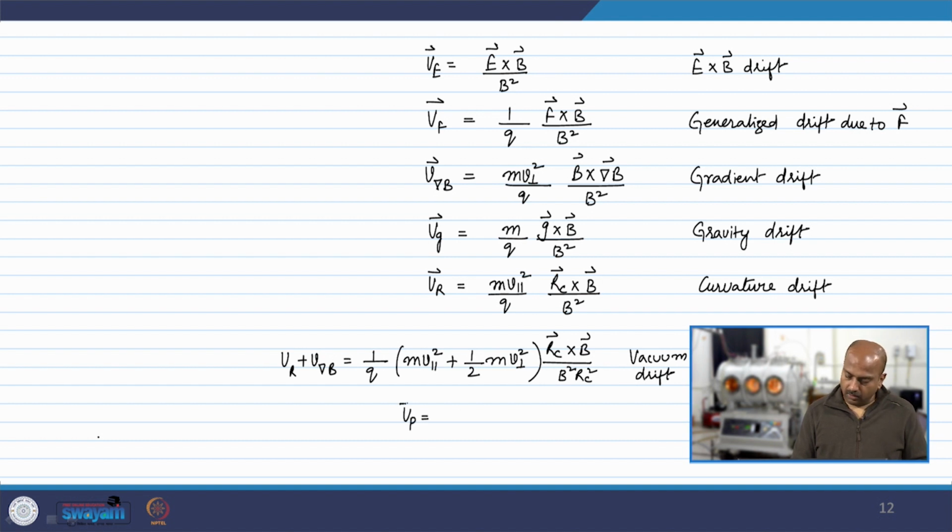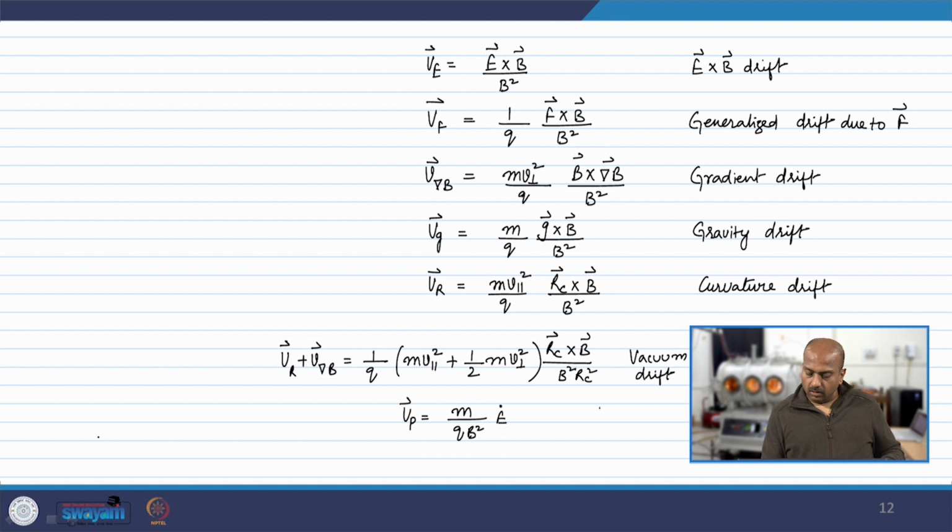Then we have the time varying things. V_p is the polarization drift, which is m by q B square times E dot. This is called as the polarization drift, right.